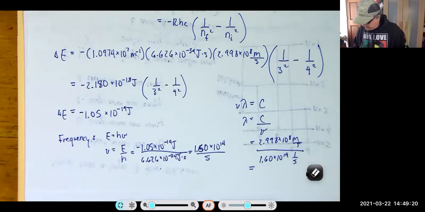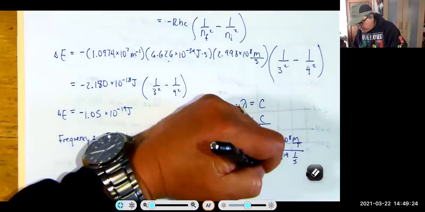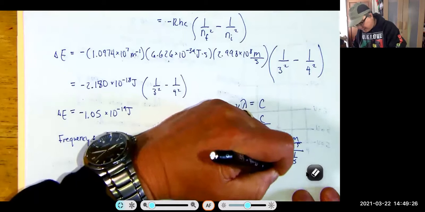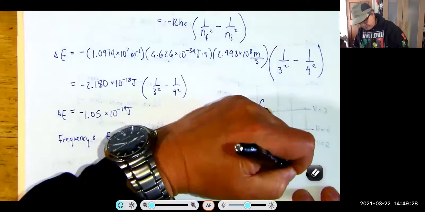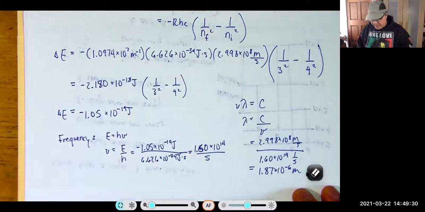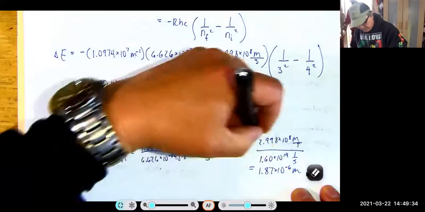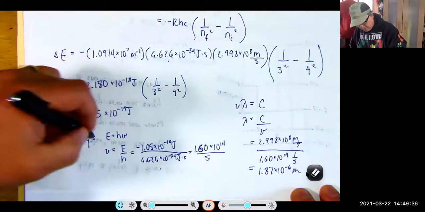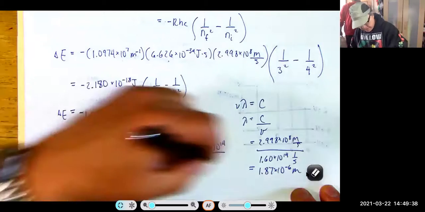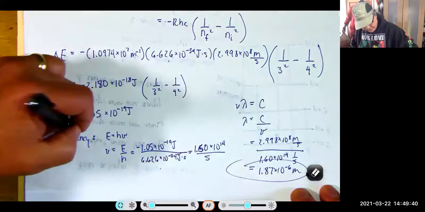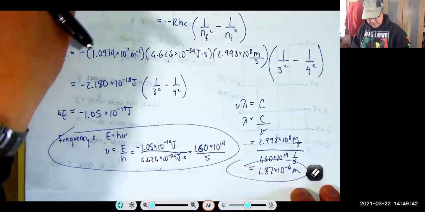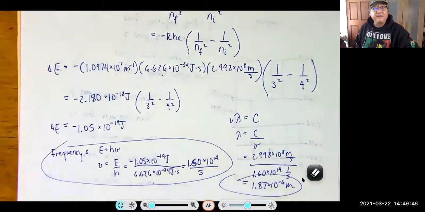So here I get 1.87 times 10 to the negative 6 meters. Now, this is the wavelength. This is the frequency. And now all we have to do is calculate.